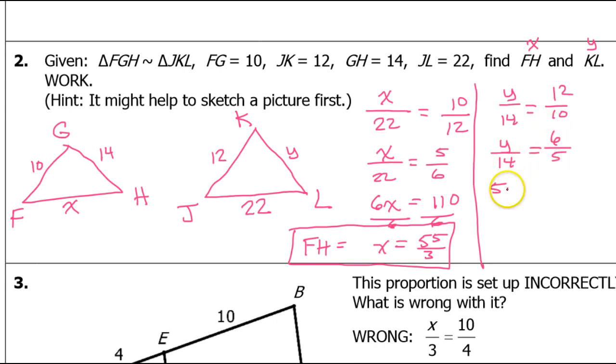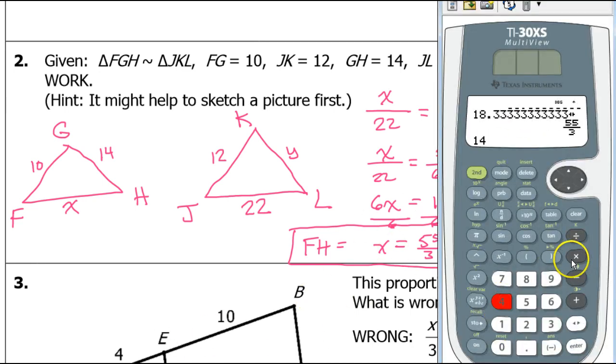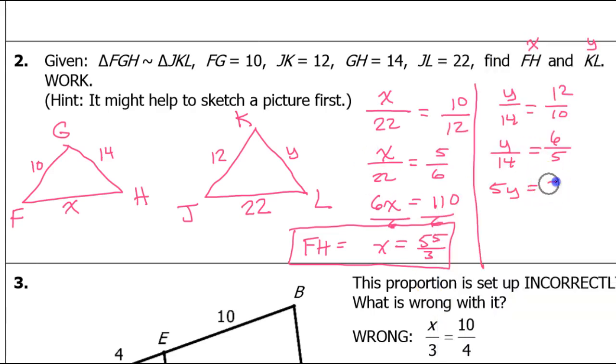So when I cross multiply, that's 5y is equal to whatever is 14 times 6. So that's 84. Okay, so 84 divided by 5.